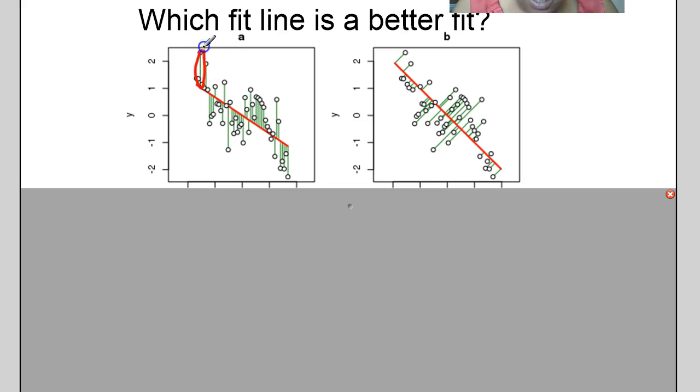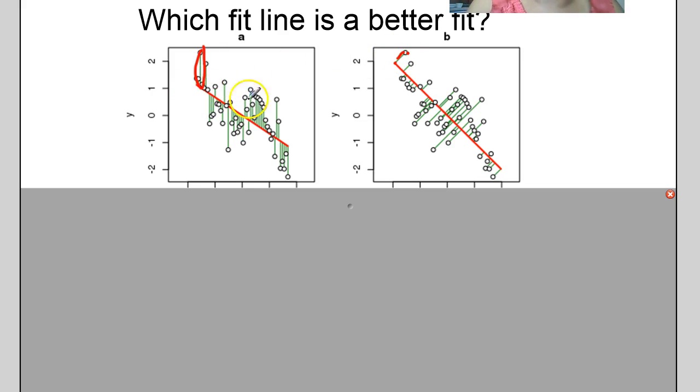right here, this is my data point, and this is where my data point should be on the line if the line went through it. So as we can see, there's a big difference with this fit line. But if I use this fit line and I pick this same data point, its distance from the line is a lot smaller than in this case.